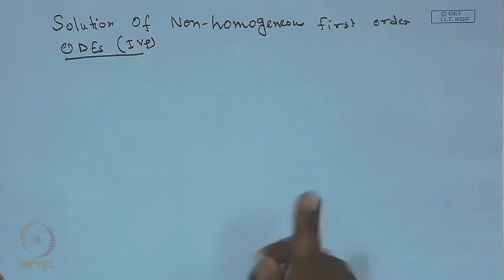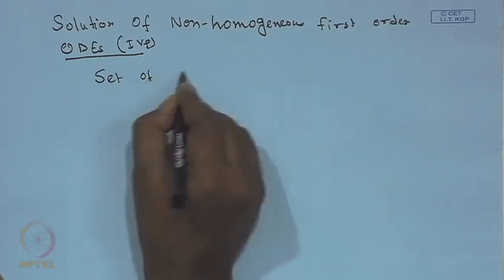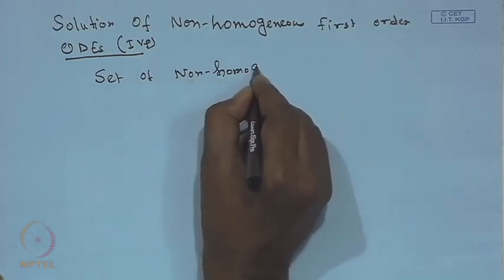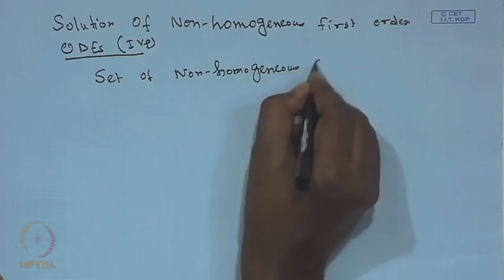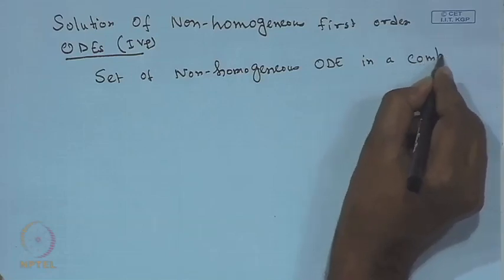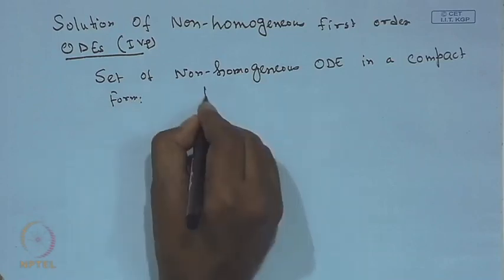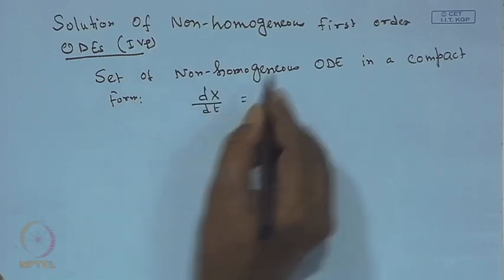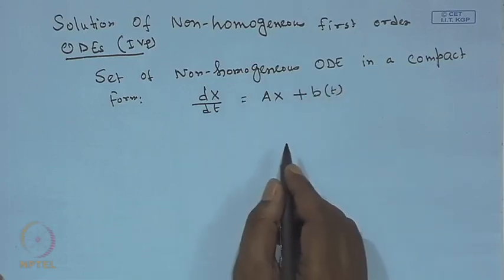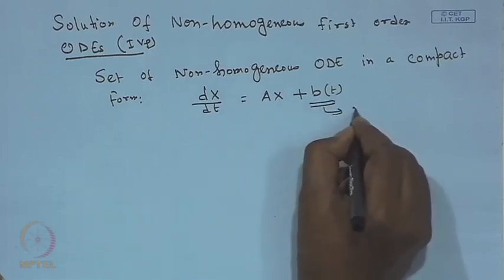Anyway, let us write down the set of non-homogeneous ODEs in a compact form, and that will be dx/dt is equal to Ax plus b(t). In general, this term corresponds to the non-homogeneous term.